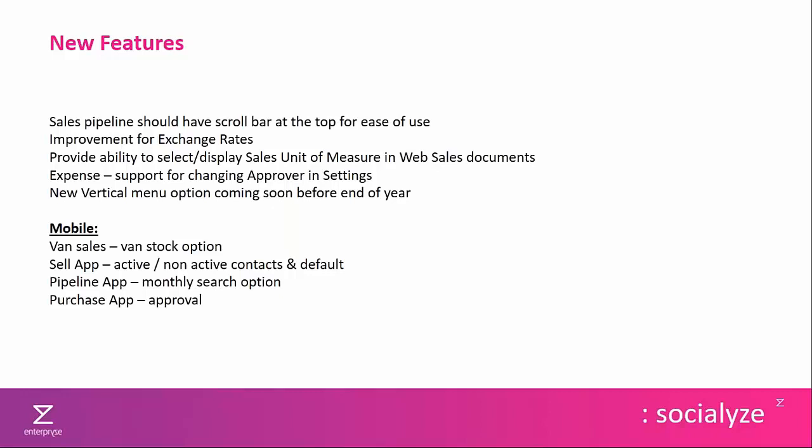That's all there, so we can knock it down a wee bit, because originally it would have been a long scrolling process. And then in the purchase app, we have the approval process going through as well. So a lot of changes, and I think you'll find that they are for the benefit really of the end user, and it'll show them how to get from A to B at a much quicker pace.